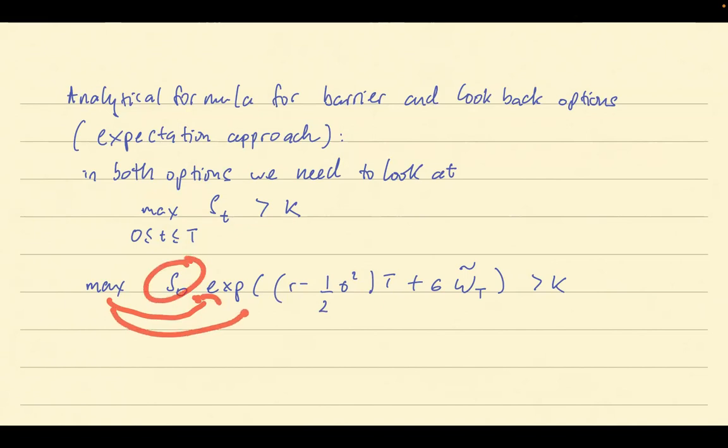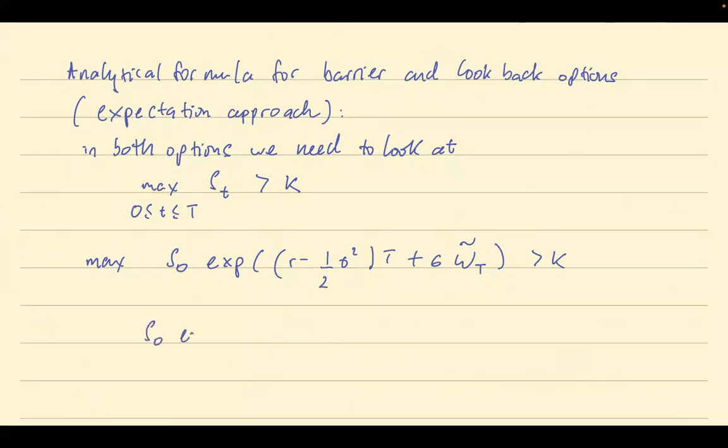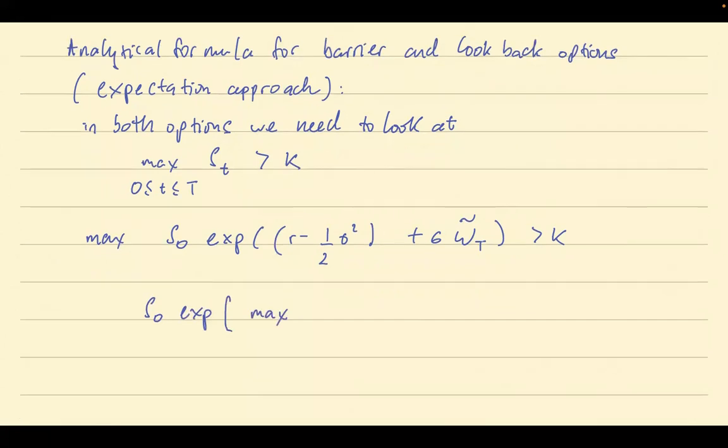And then we can move it inside the exponential because exponential is increasing. So it will be this, and then max. Oh sorry, this is little t because you take the max over all little t. Max over all little t, and then you take this max.